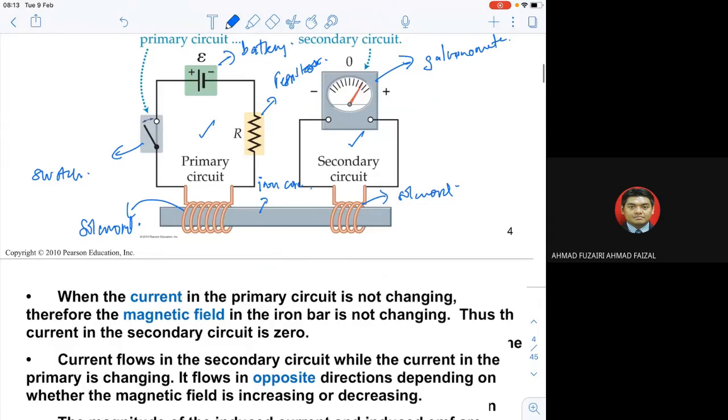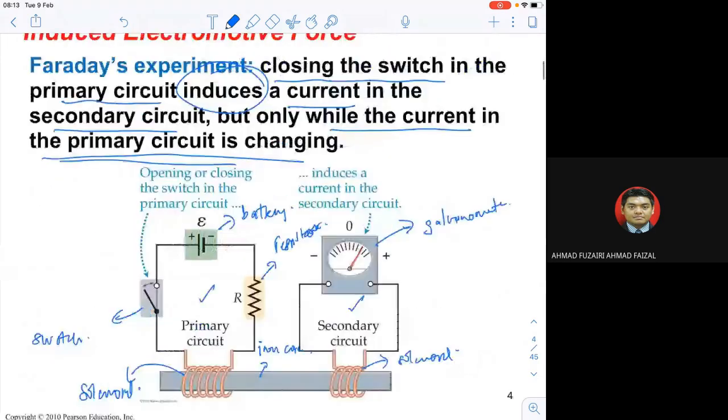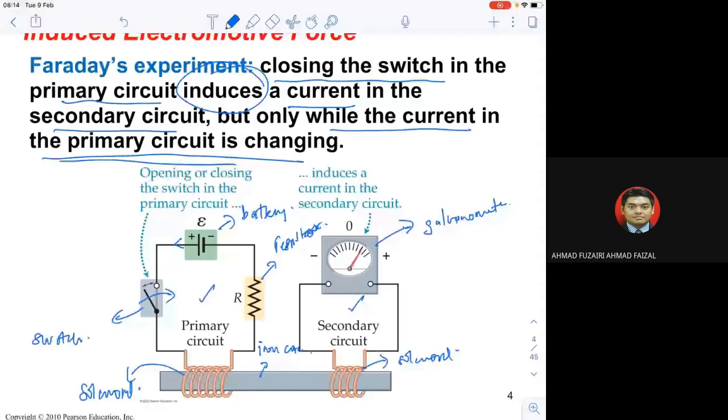So what happens is, when you close the switch in the primary circuit, that means the circuit is now closed, so it can transfer the current. The current will be transferred from the battery, and then go to the solenoid part.